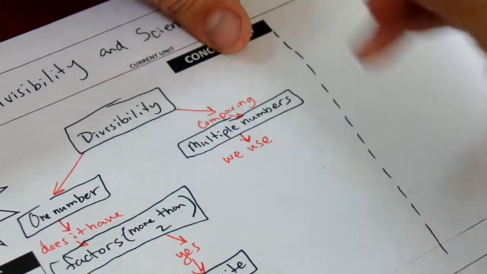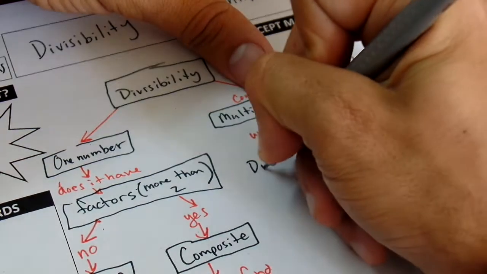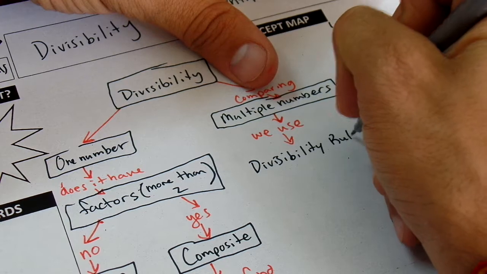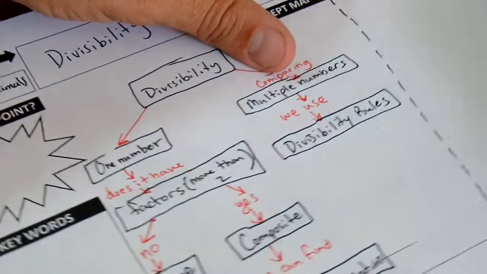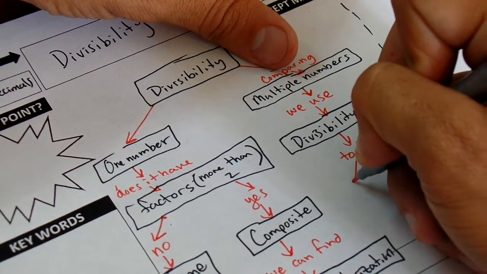We can use divisibility rules for what? To find 2 things.